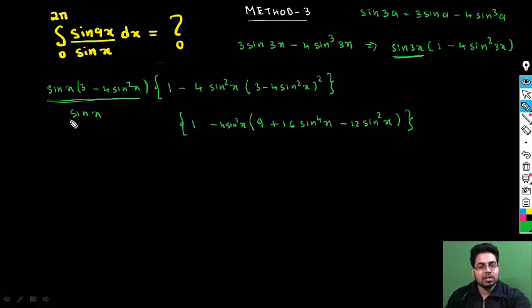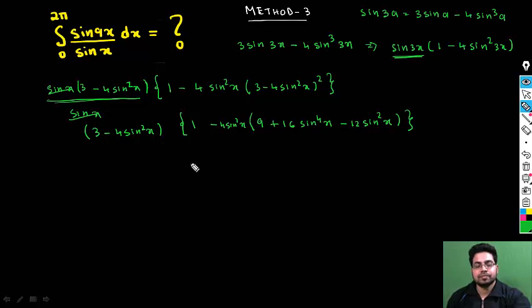In the denominator I also have sine x, so this sine x and this sine x get cancelled. Finally I will get 3 minus 4 sine square x.